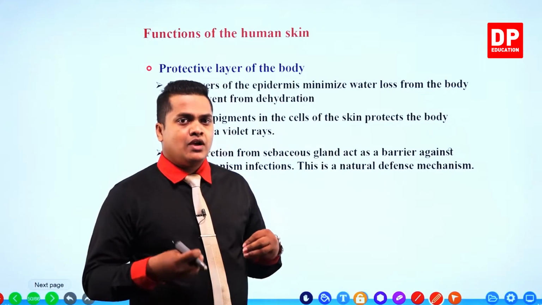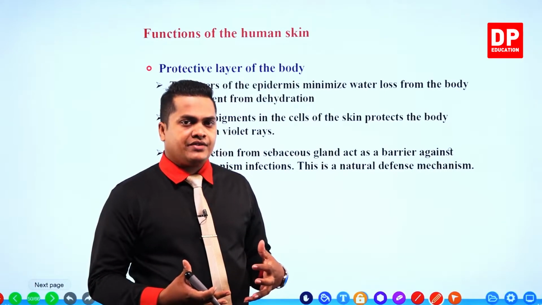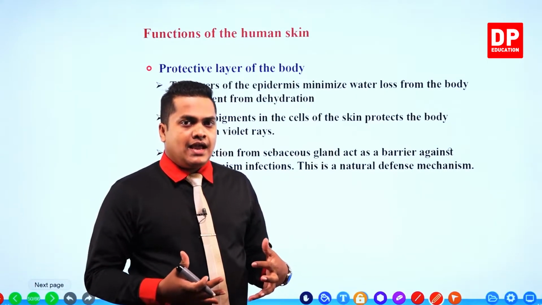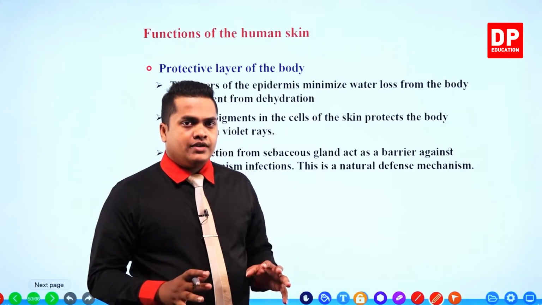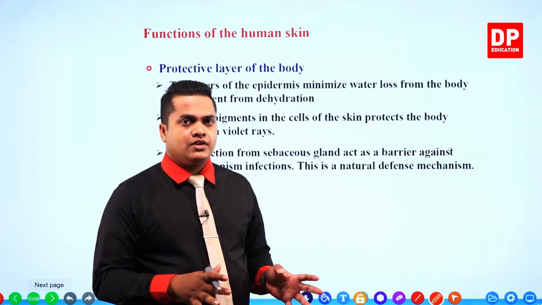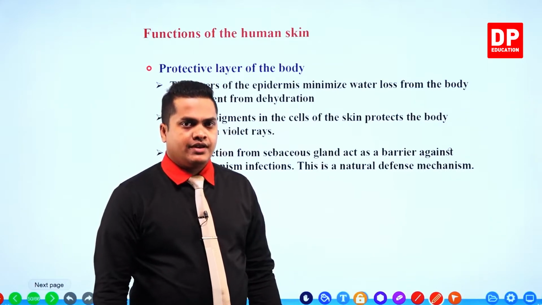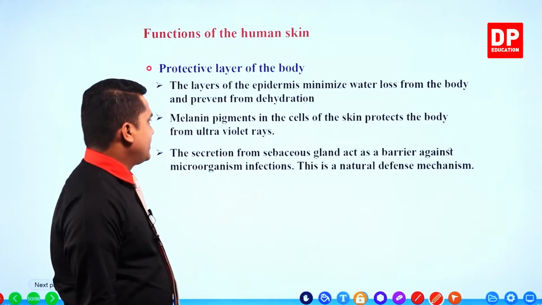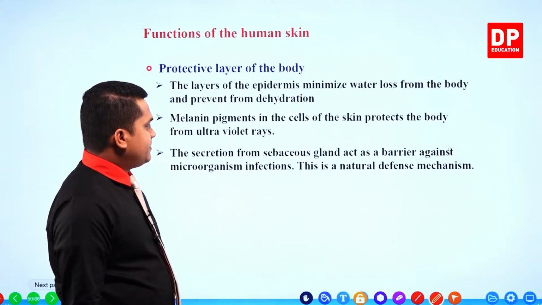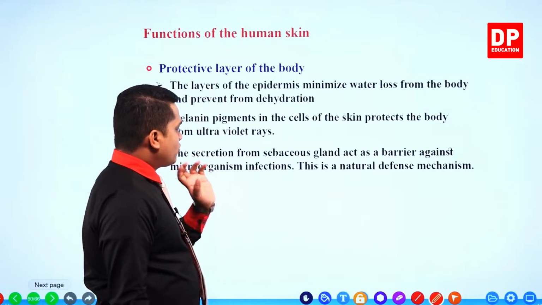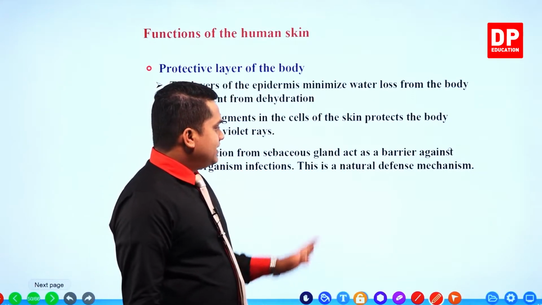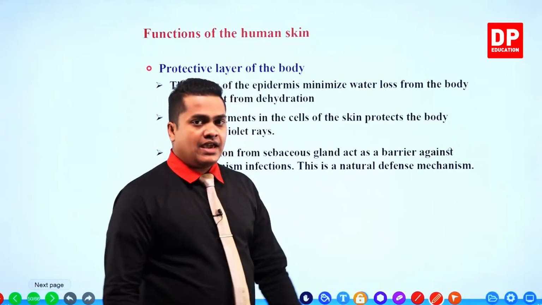It helps to absorb ultraviolet rays, solar rays, and it helps to avoid complications that occur due to ultraviolet rays, right. The secretion of sebaceous glands acts as a barrier against microorganism infections. This is a natural defense mechanism.